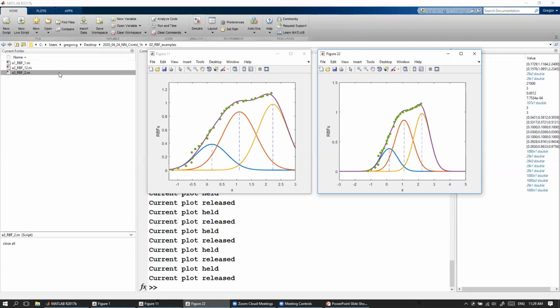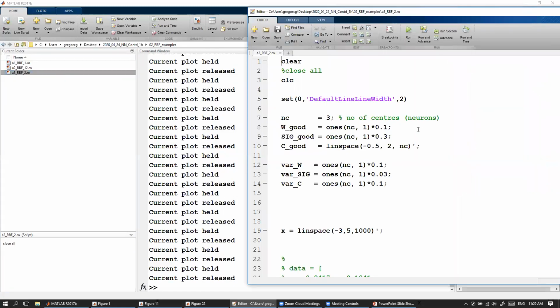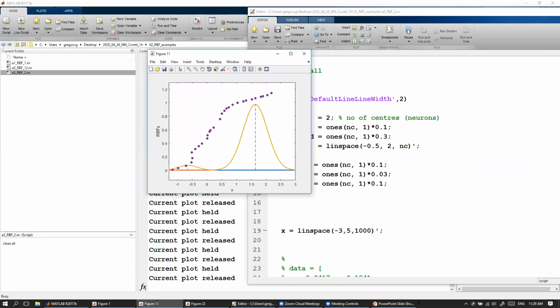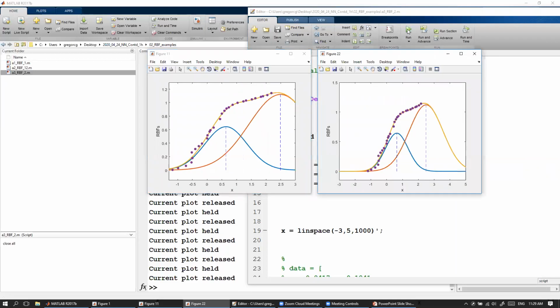So what I can do is select the number of neurons, the number of centers. Now we have 3. Let's take a look at what happens if I take 2. See, the two neurons, 2 Gaussian bells, get positioned in such a way that they fit the data. And we see that with only 2 neurons we can already model the set of data quite okay.